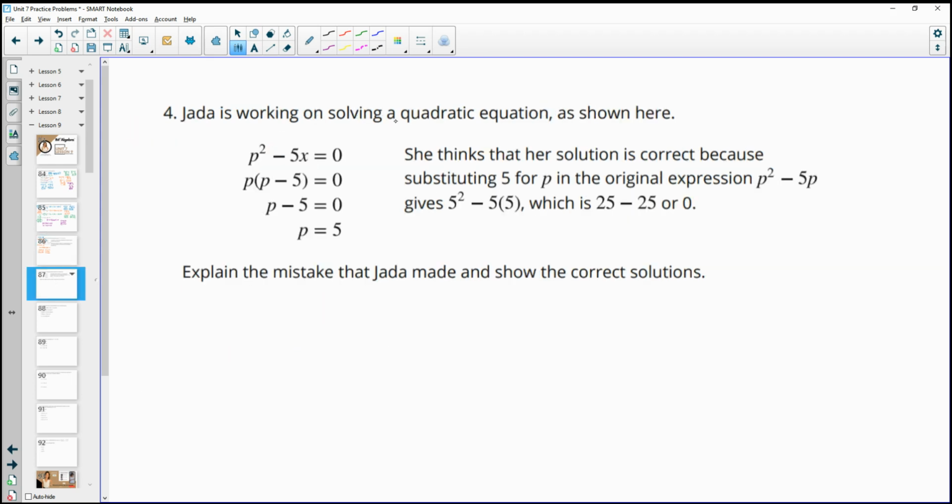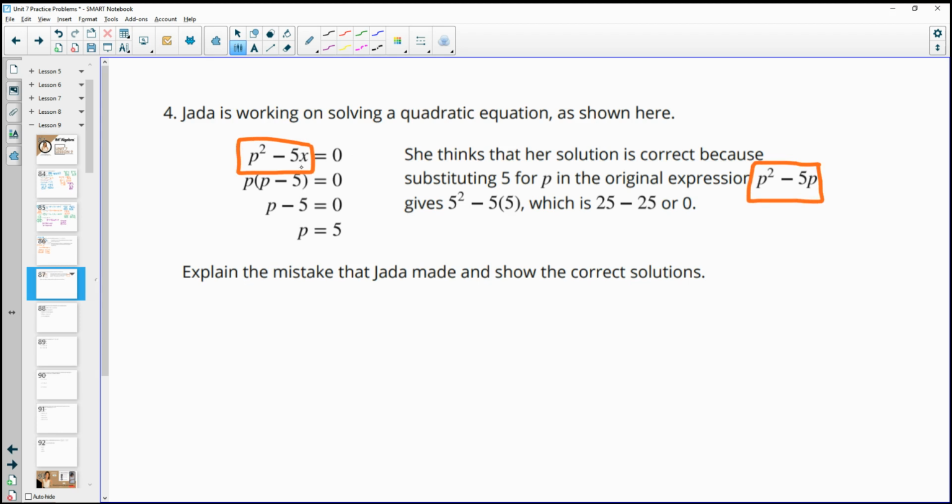Number 4, Jada is working on solving a quadratic equation as shown. She thinks her solution is correct because she's substituting 5 in for p into the original expression, and it gives her back 0. Now, one thing to note here is that this original expression is different than this one. So there's an error in the book.